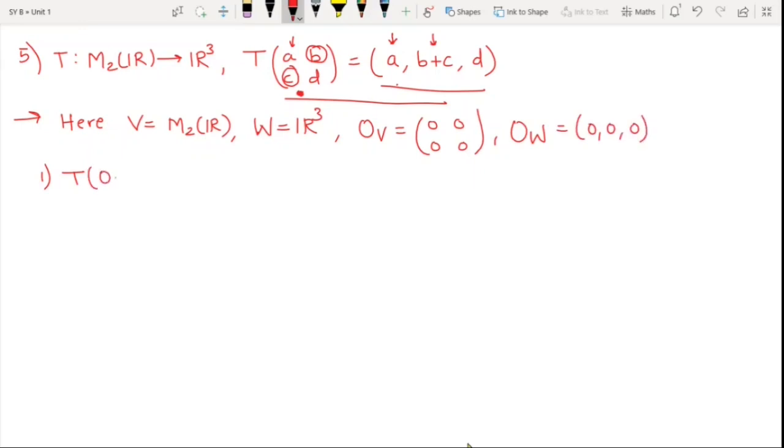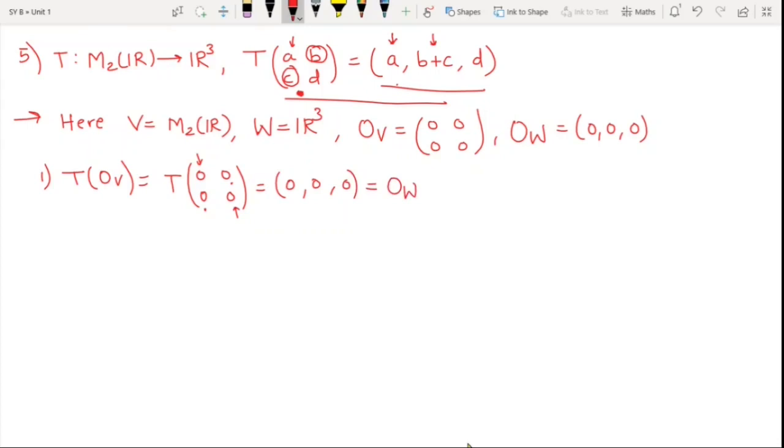Now first we have to check whether 0 of V is mapped to 0 of W or not. What will be my T of 0 of V? T of 0 0 0 0 is further equal to, by the logic I explained before, this A11 entry as it is, 0, the addition of these two elements, that is 0 plus 0, will be 0, and at last this 0 as it is. So you can see that this is 0 of W.